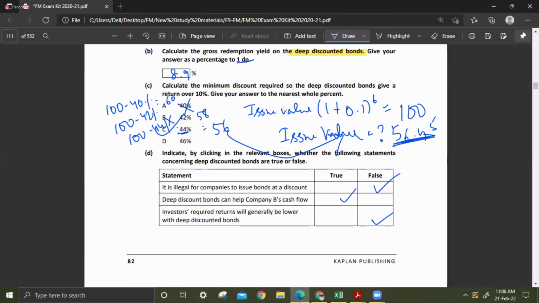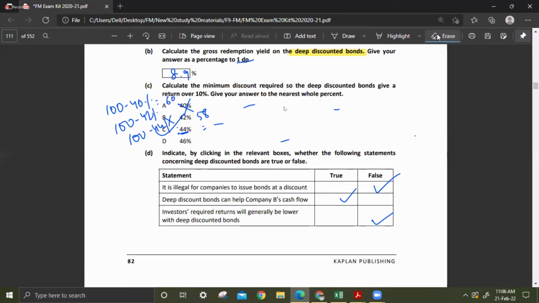So here you're asking us to calculate the minimum discount required so that the deep discount bonds give a return over 10%, and give your answer to the nearest whole percent. So we all know that in deep discount bonds, we are issuing it at a discount to our face value, that is $100, right?